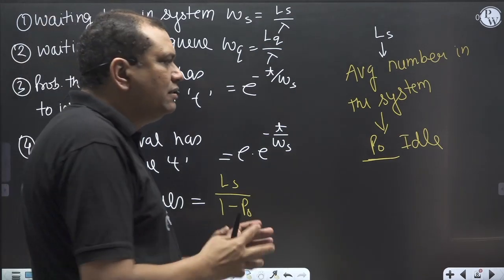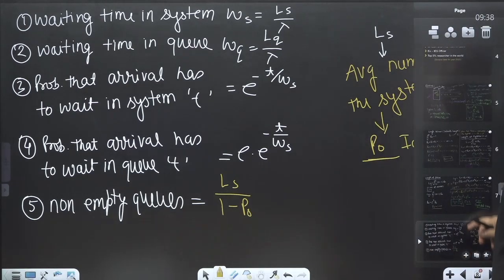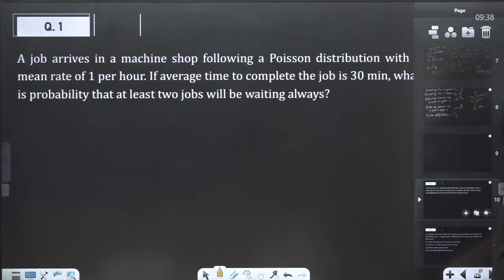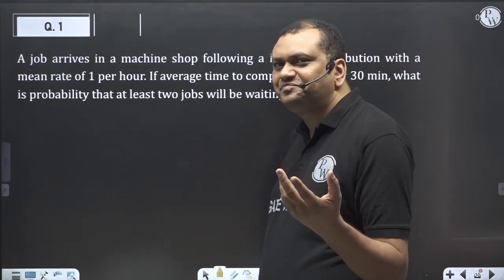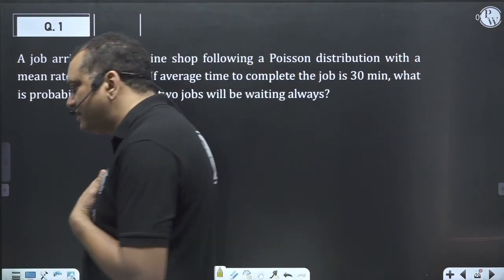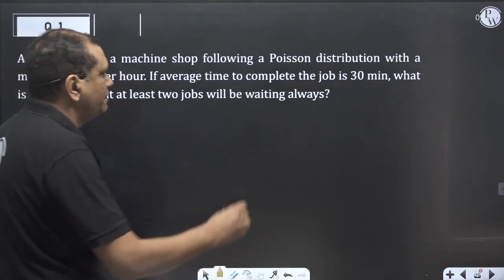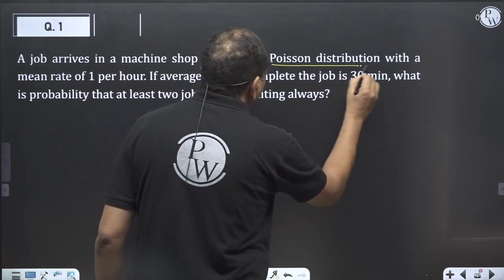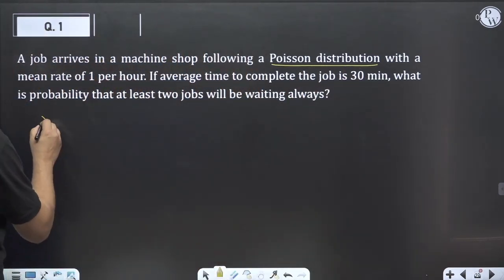Okay, so we have discussed some theory. Based on this theory, let us try some numerical so that we understand what we are learning. Jobs arrive in a machine shop following the Poisson distribution with a mean rate of 1 per hour.